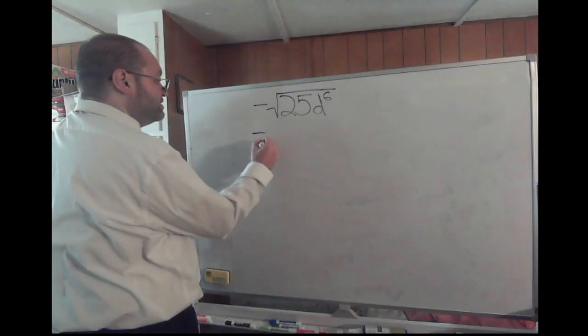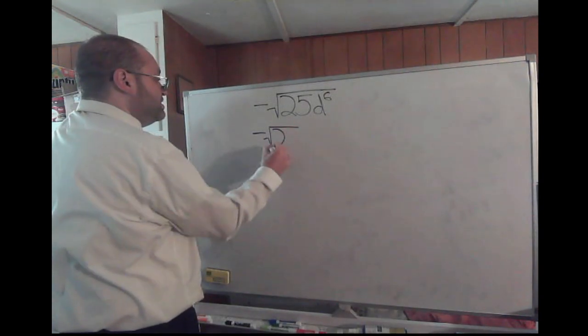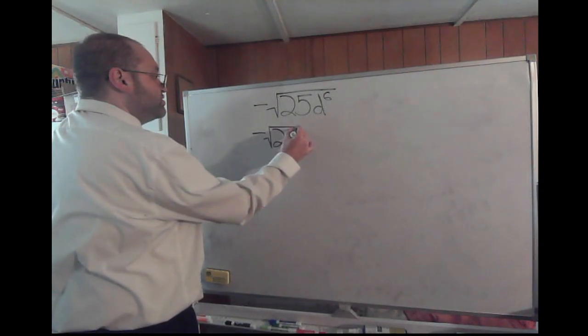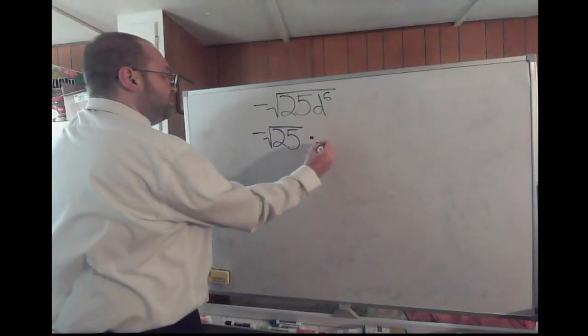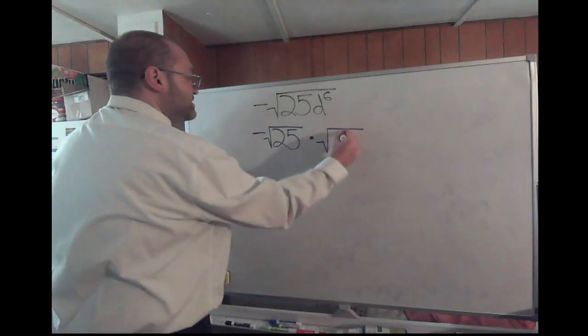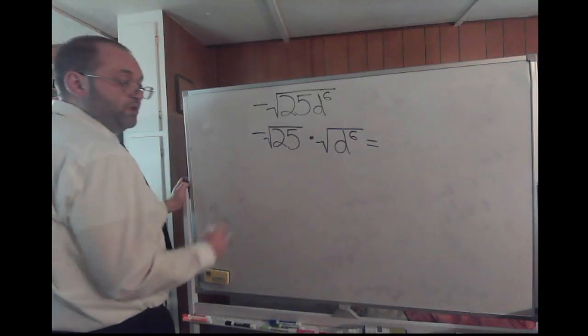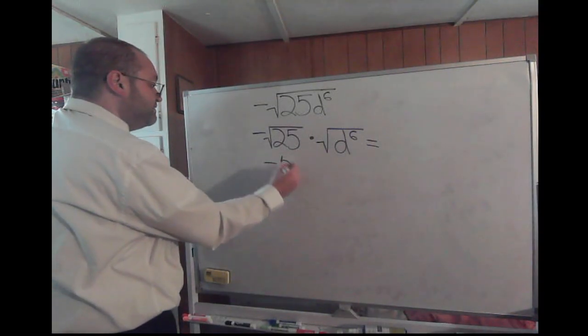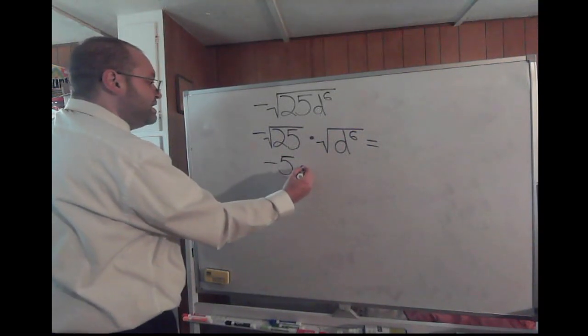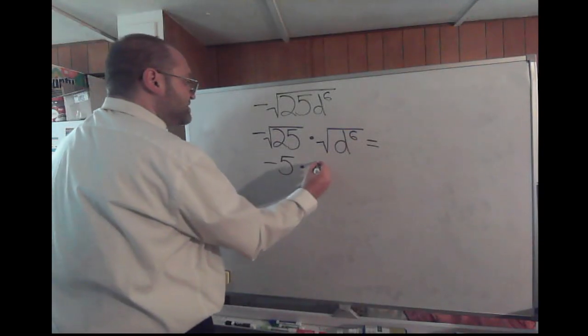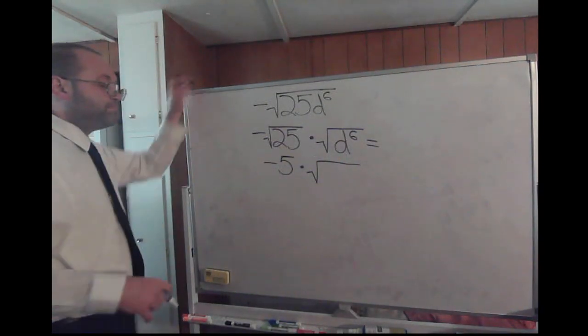I'm going to put it on the square root of 25. So you'll have negative of the square root of 25 times the square root of d to the 6th. Well, negative of the square root of 25, that's going to be negative 5. You'll have that times, let's take care of this d to the 6th business.